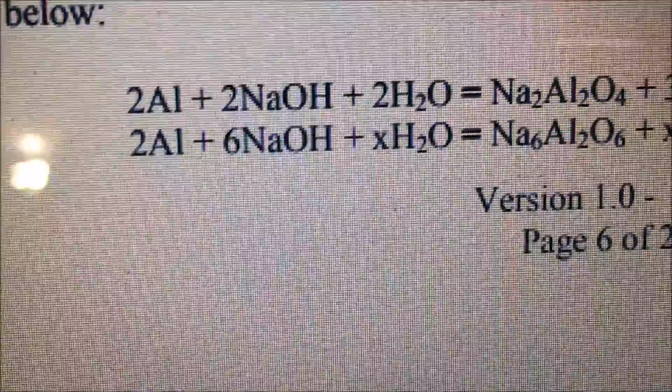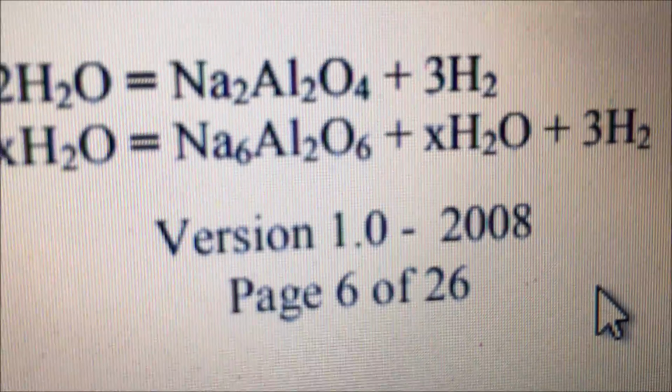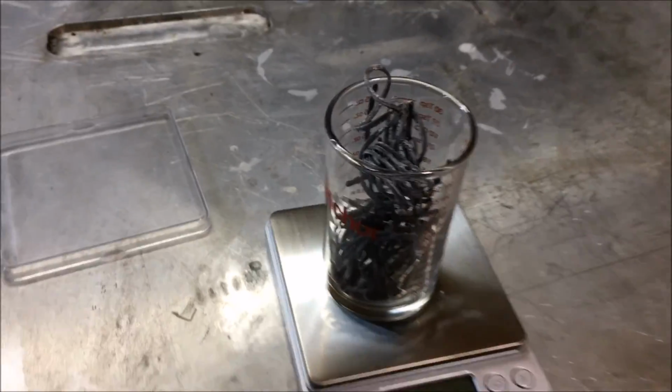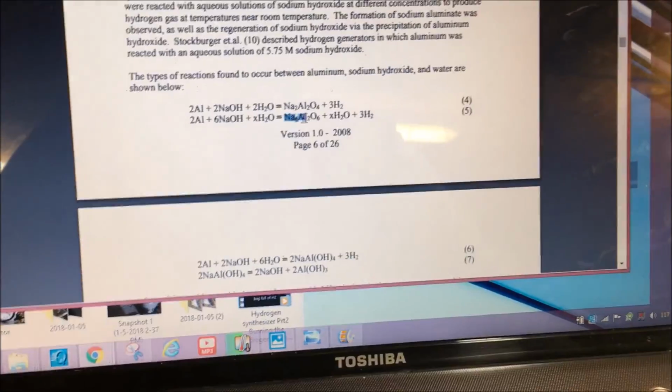So what's happening is this lower reaction is taking place, creating this substance below, and that's why we were unable to react all of the aluminum, is because some of it turned into this substance here.